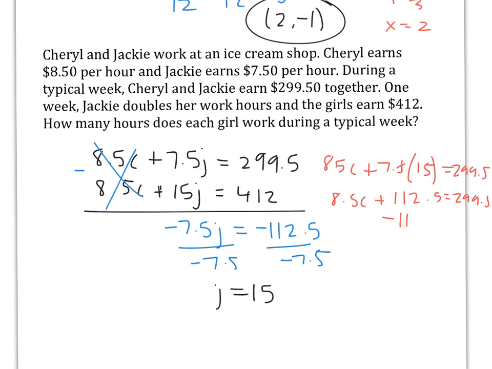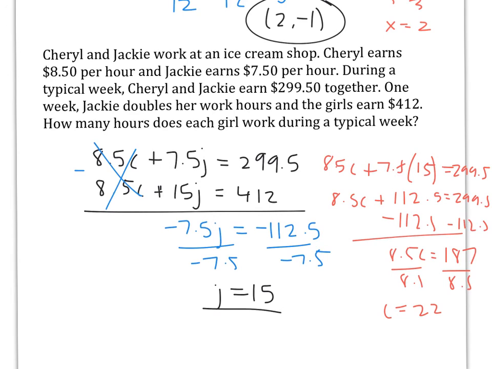Let's subtract 112.50. 8.5C equals, that's 187. And then we'll divide by 8.5. 187 divided by 8.5 is 22. So what this means for our answers is that Jackie works 15 hours in a typical work week, and Cheryl works about 22 hours in a typical work week.